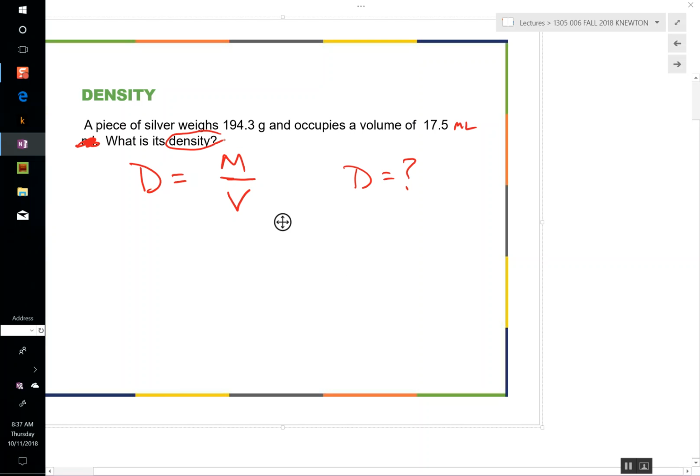Density, that's the question. 194.3 grams. What is that parameter? Mass. Sometimes when I'm doing a problem, if it's complicated, I'll actually label it. That's the mass. It occupies a volume of 17.5 milliliters. It's telling us that's the volume. Right? So, plug those things with their units right into the defining equation.